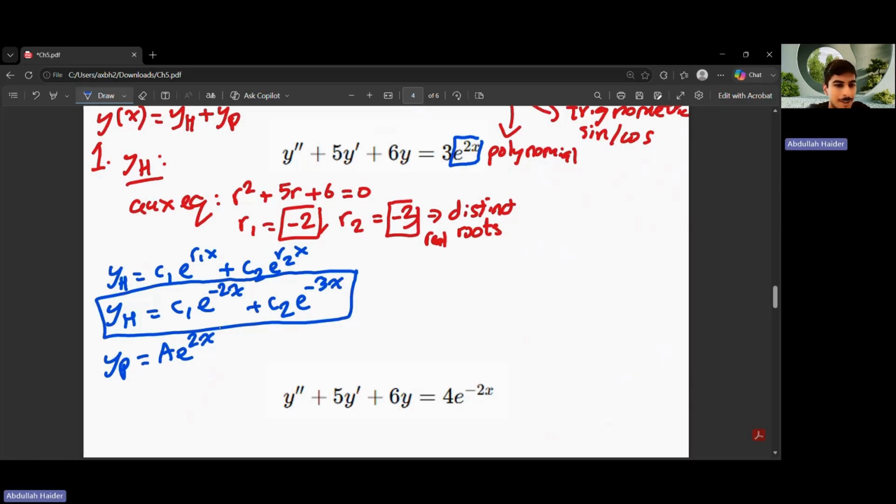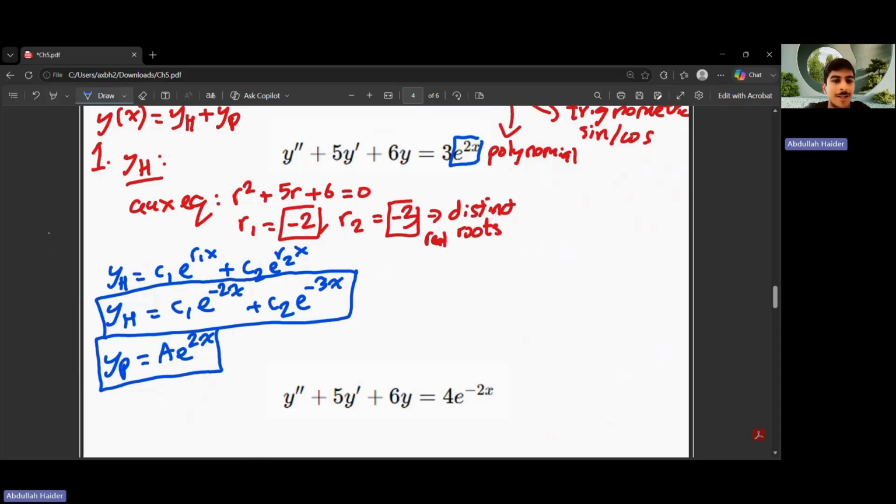Now, whether you multiply this by x or by x squared depends on whether yh and yp are similar. So you have e power 2x here. You have e power -3x, which is not e power 2x. You have e power -2x, which is not the same as e power 2x. So we will not multiply this by any x, and this will be our yp, a e power 2x.